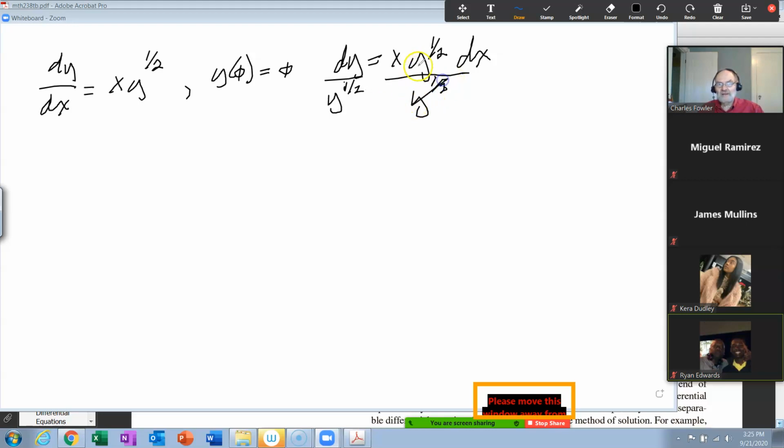Over here they go out, and here I would rewrite this as y to the minus 1/2 dy is equal to x dx. Okay, now we're ready to integrate both sides.